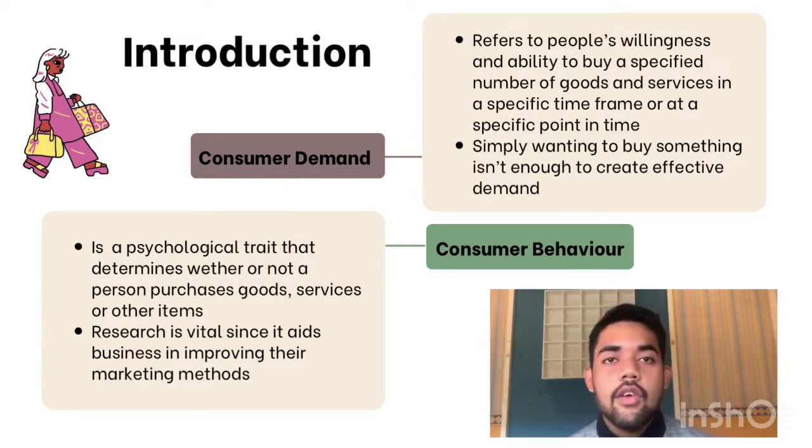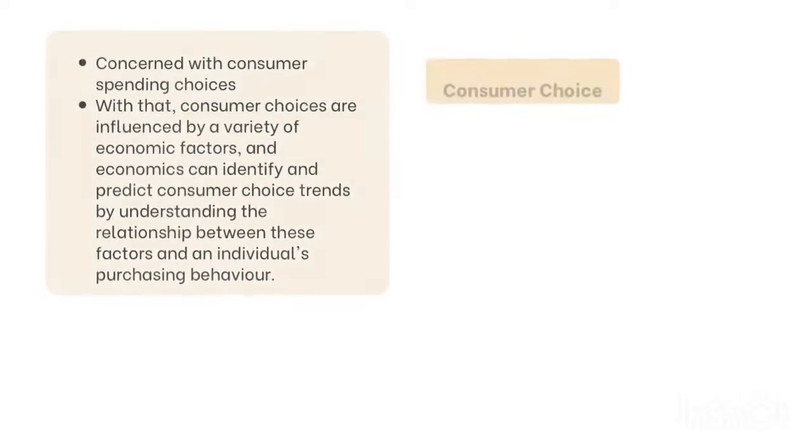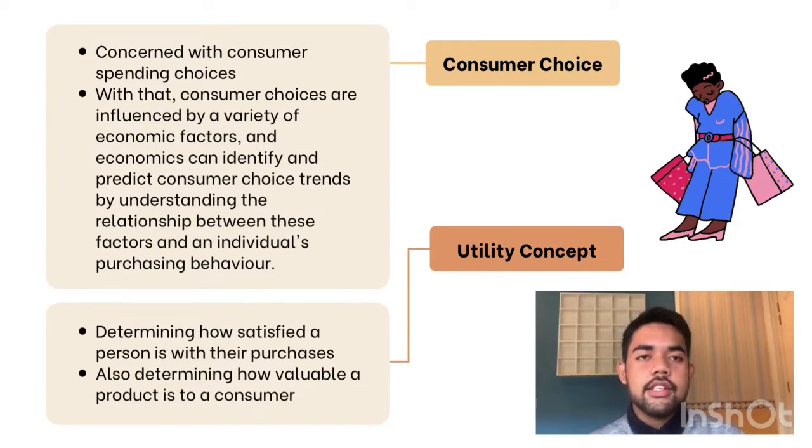The next is consumer behavior, a psychological trait that determines whether or not a person purchases goods, services or other items. Its research is also vital since it aids businesses in improving their marketing methods. Besides, consumer choice is concerned with consumer spending choices.